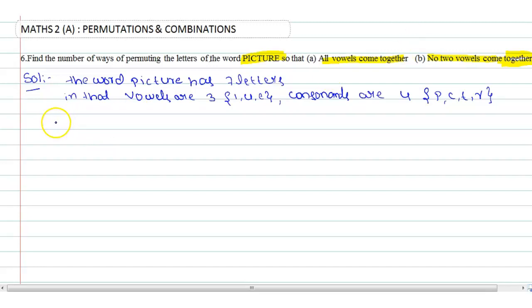First condition, number 1: all the vowels are together.